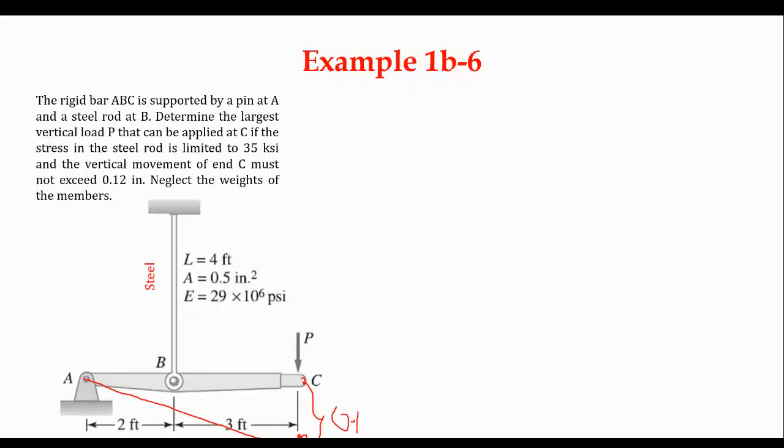If a load is applied, the bar will go down like this. So we have limiting parameters. What is the largest load that can be applied? Expect that you will choose between two values of P, based on the allowable stress and based on the allowable deformation.